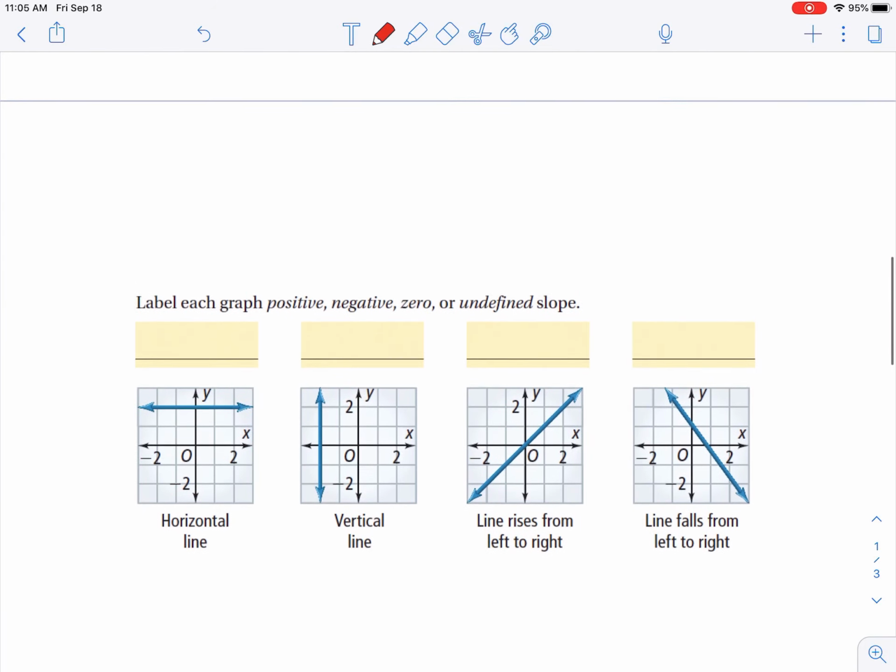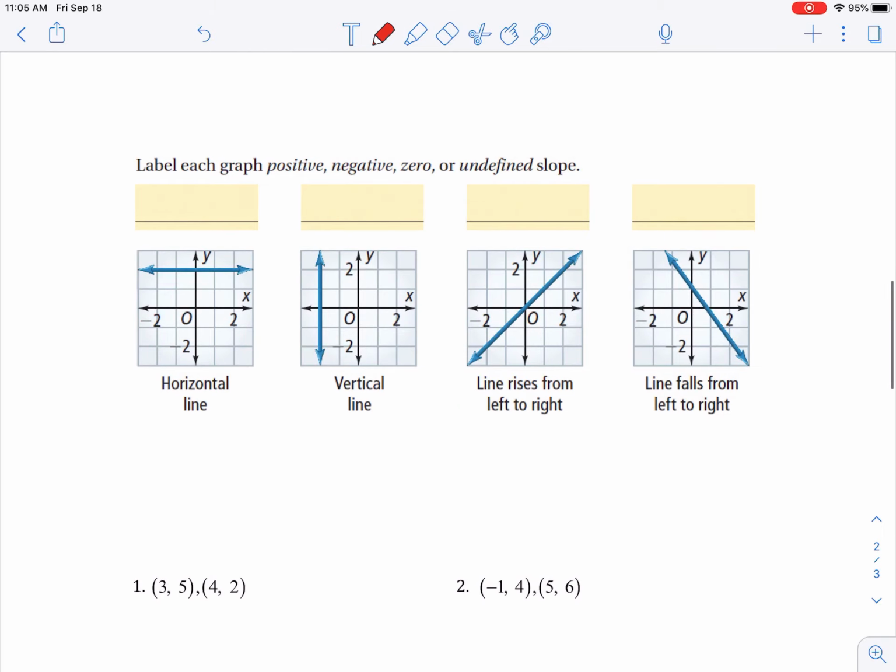Move into here. We talked about slope being defined as rise over run. So we're taking a look at a horizontal line. Going from here, a rise of 0, a run of 1 gave us the slope of rise 0, run 1. The slope equals 0.